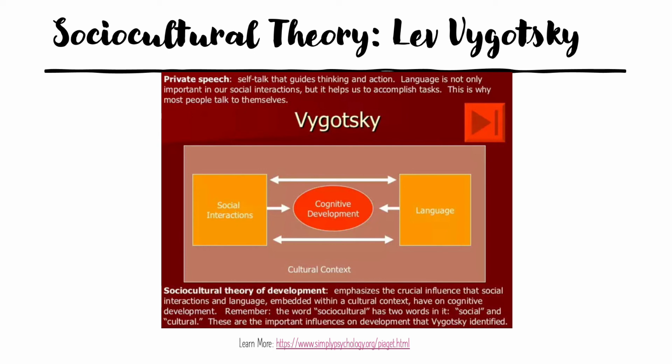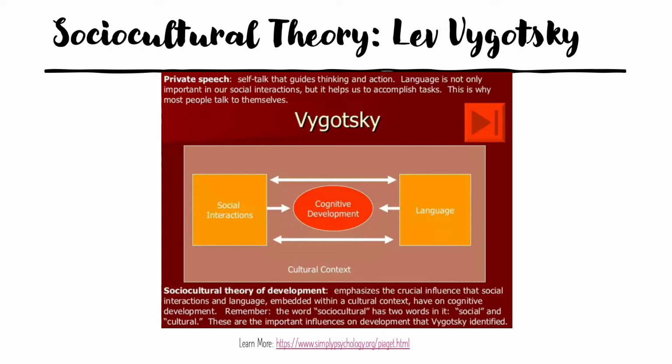We learn through social engagement, and that engagement is in a cultural context. He believed that adults or more advanced peers were needed to help children and to organize their learning before the child would be able to master and internalize learning.